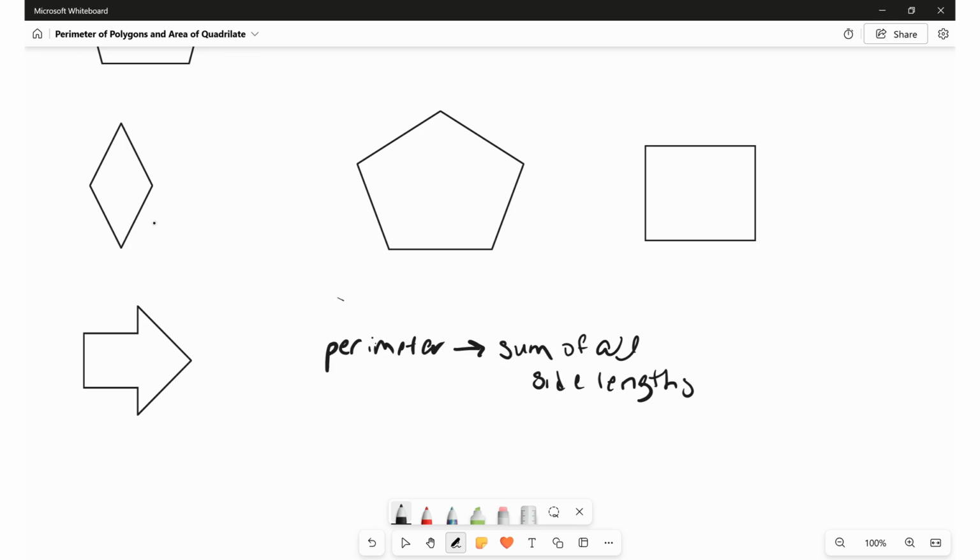So if we said that the length of each side here, let's say that this is 4 units, and this is, say, 7 units, and we're going to say that this is what we call a regular polygon, which means that all sides are equal.